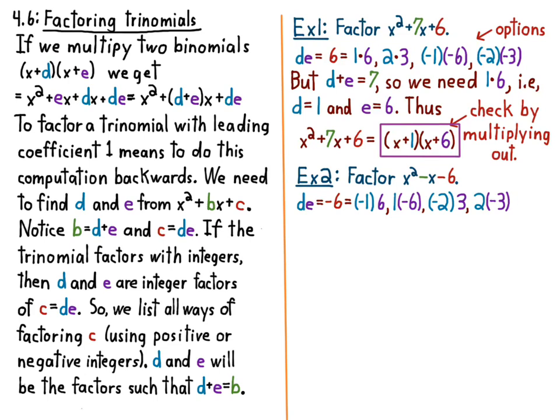Now I want the sum to equal the coefficient of the middle term, which is negative 1. So it looks like I'm going to need these two. 2 plus negative 3 is negative 1. Right? So the sum of d and e has to be negative 1. So it's got to be this one. So I'll get the quantity x plus 2 times the quantity x minus 3. It's that simple.